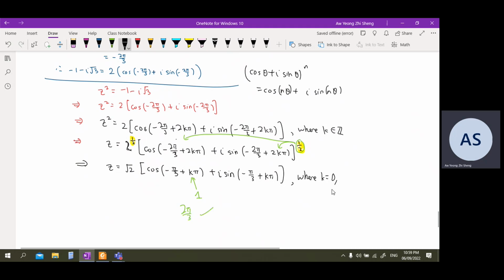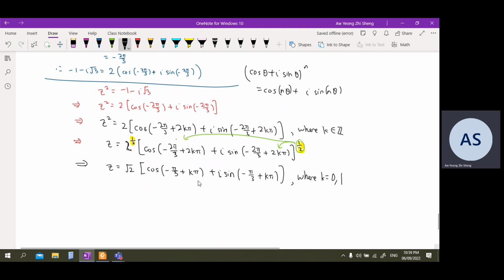So 1 is the choice. If you sub in -1, you will get minus 4 pi over 3, which is smaller than minus pi, and therefore we don't want it. Okay.